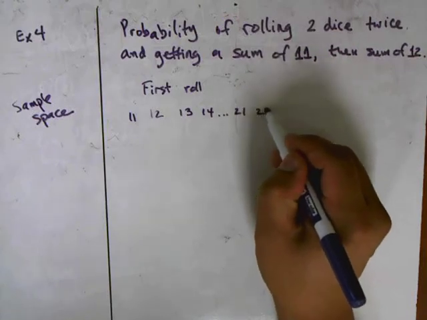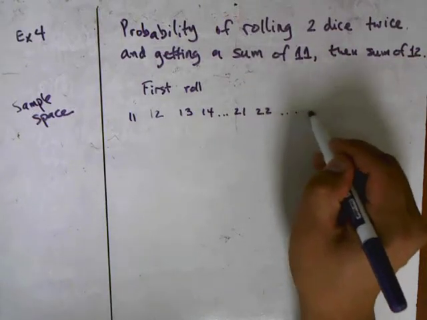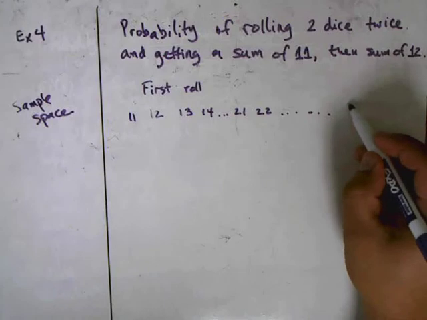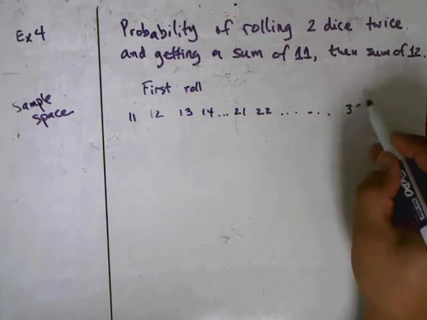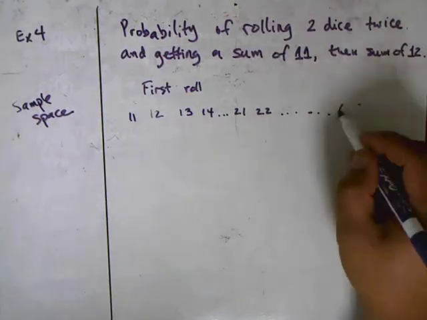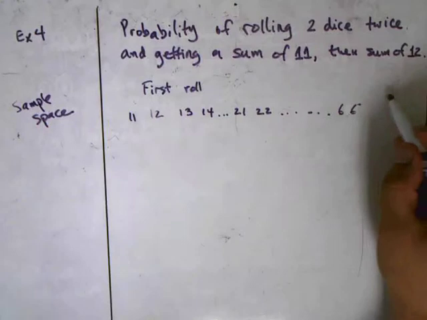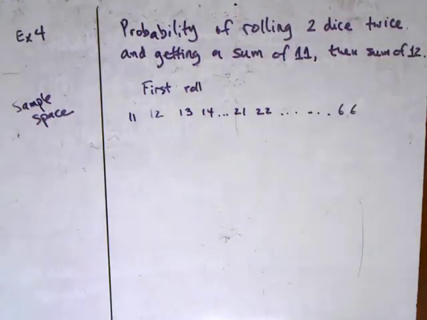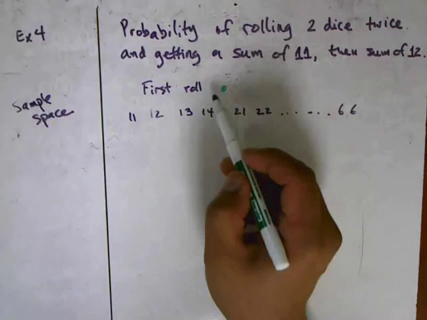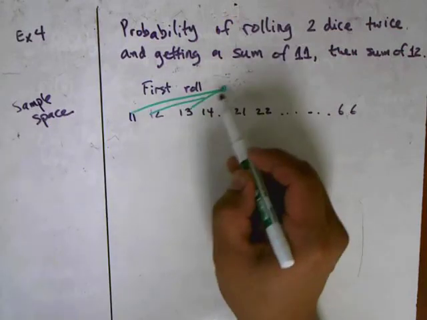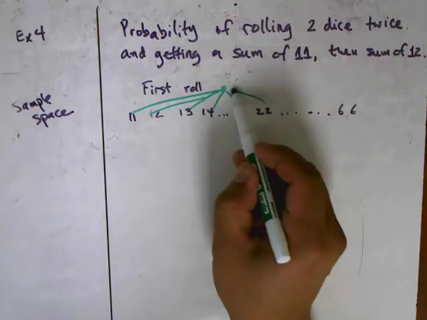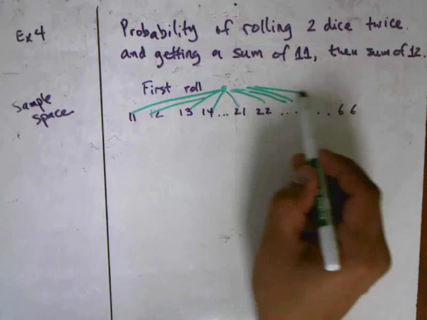And then you can get a 2 and a 1, a 2 and a 2, so on. Okay? And you can keep going like this until you get 36 different possibilities, 6 and a 6. So in other words, that first roll, there are 36 branches to this tree.